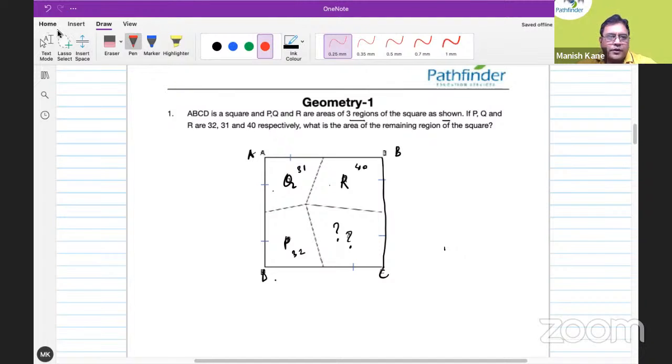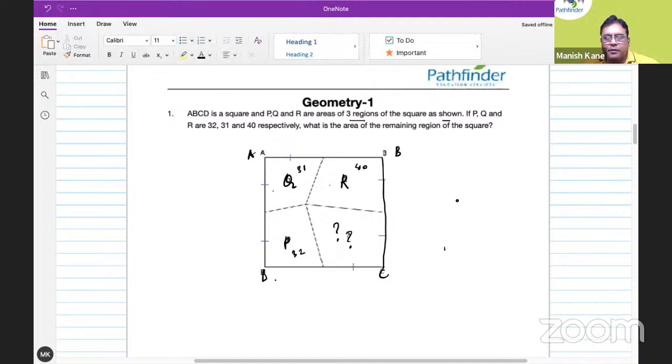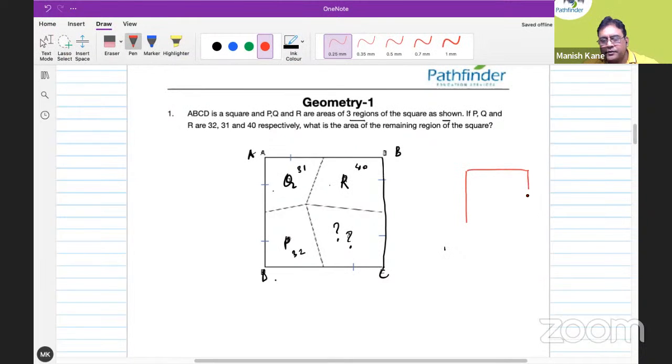So what we should do is, there's only one property that is applicable here. Suppose there is a random point here. Oh, there is one more piece of information that is missing from the figure, that this is a square and these points are midpoints.